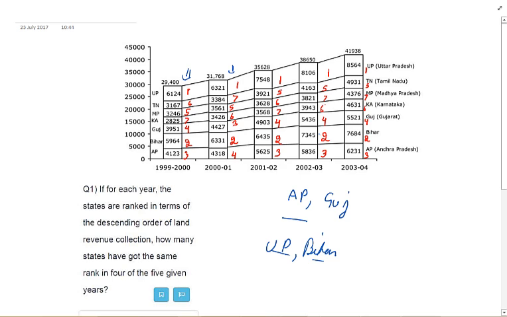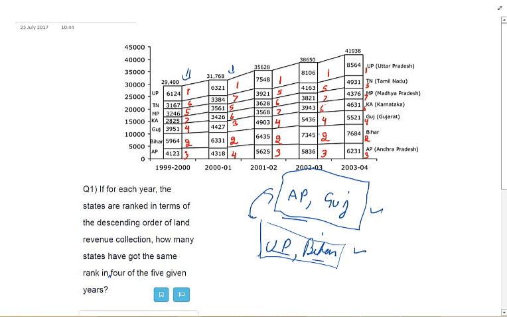So if the question were "at least four", then we would have said both AP, Gujarat and UP, Bihar. Here it says in 4 of the given years, so it means exactly 4. So ideally the answer should be only AP and Gujarat because they're 4 out of 5, while UP and Bihar had 5 out of 5. But I think the answer that I picked this question from the material, and there the answer that has been provided includes both of these. I think that's incorrect, but it's fine as long as you understand the difference.